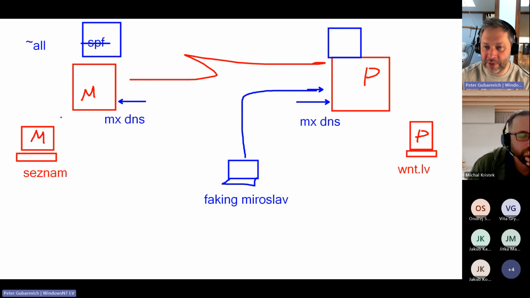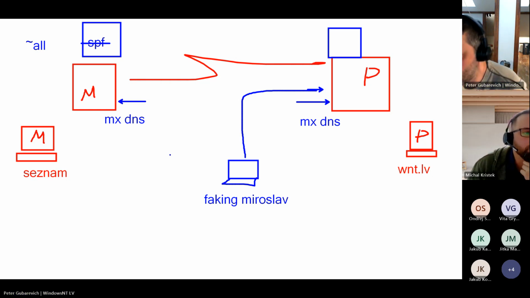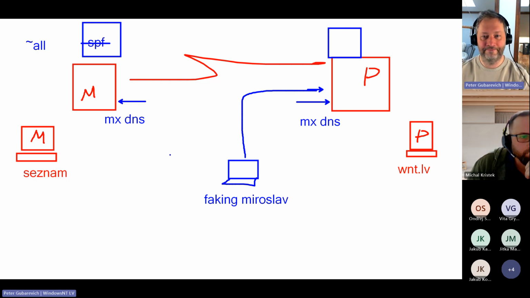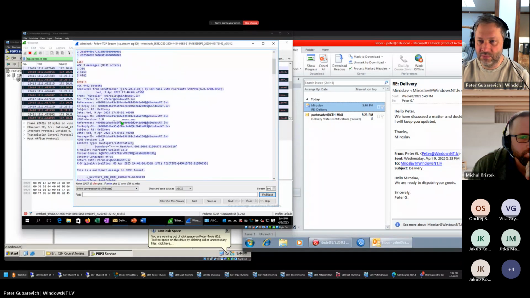So to sniff, you need to be somewhere in the middle, on some part of the path. To fake a message, you need to take into account SPF records. So I have no simple answer, yes or no. It's a piece of the puzzle. But anyway, now you see the result.